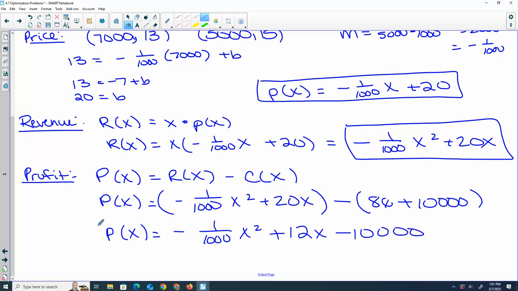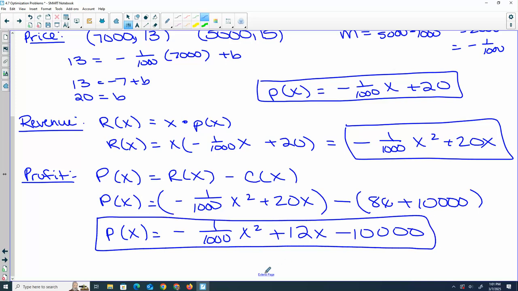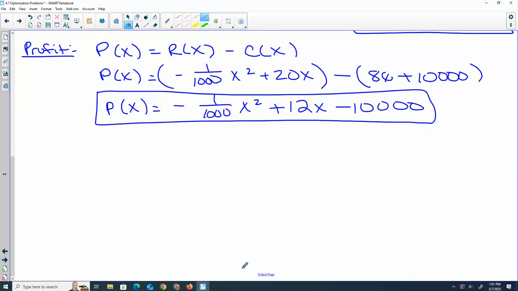Okay, so I have all of the equations we could want now. This is the one that I was going for because now I have to maximize this, so we do the derivative. So 2 comes down, so negative 1 over 500x. Derivative of 12x would be 12, and I need to know when this is 0.